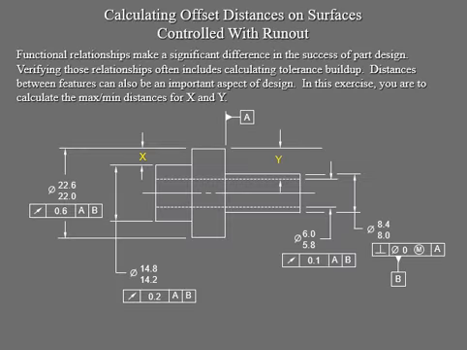So let's take a look at an example of that. Here we see the datum right here. That's your diameter, and this diameter right there is controlled by this runout 0.2. This big diameter is controlled by this runout 0.6.